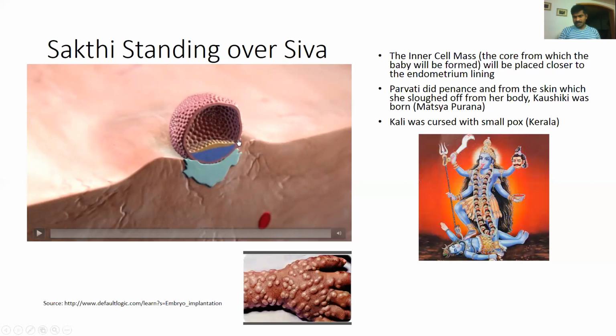And this inner cell mass is the core, the essence, which we said, Shivaduti and so on. The inner cell mass comes in close contact with the endometrium lining, and the outer layer pushes the whole thing inside. This is the reason why we see pictures of Kali standing over Shiva. It is not just standing, it is literally pushing someone into the ground.